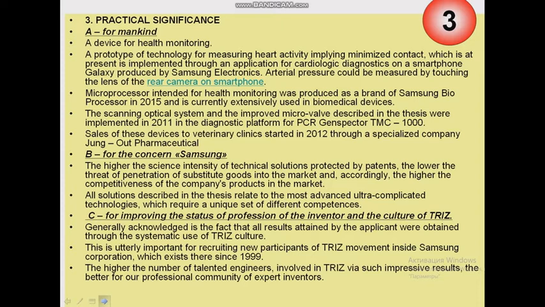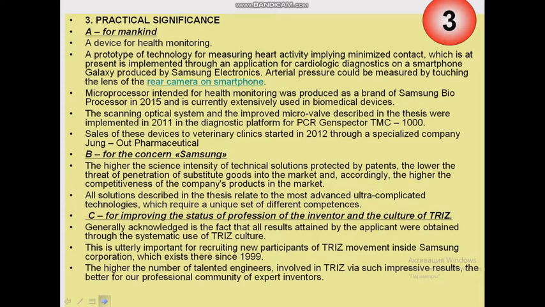A microprocessor intended for health monitoring was produced as a brand of Samsung bioprocessor in 2015 and is currently extensively used in biomedical devices.